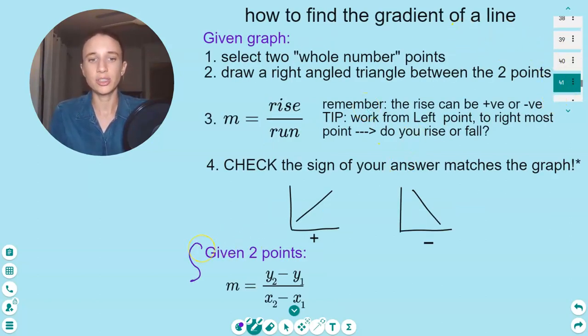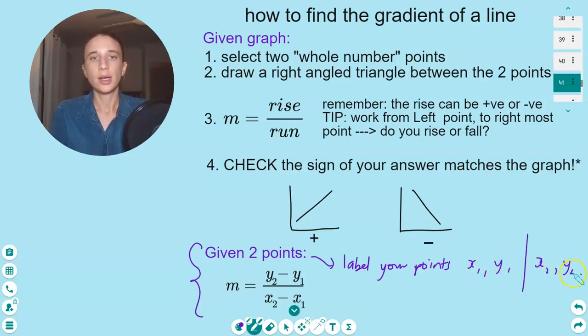So this is the formula we just used, given 2 points. So I will say as the summary, label your points. X1, Y1, X2, Y2. And the last video looked at that, so maybe you want to go back and watch that one. It's a few little steps to remember on dropping a right angle triangle on a graph.